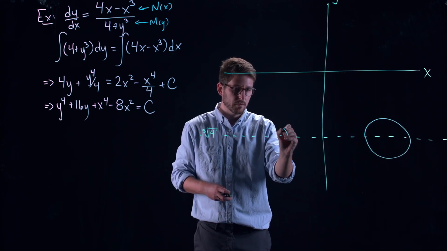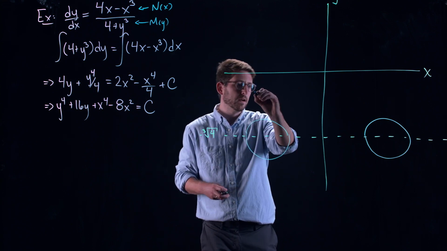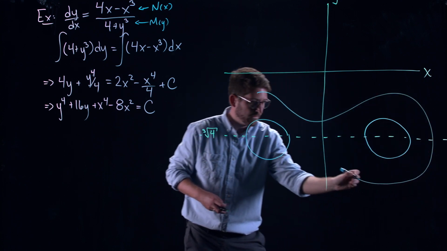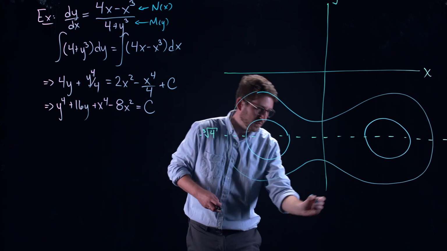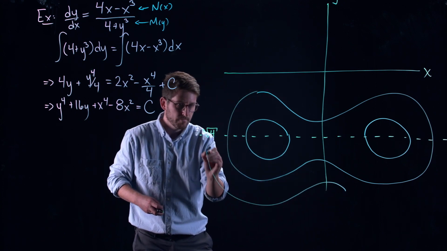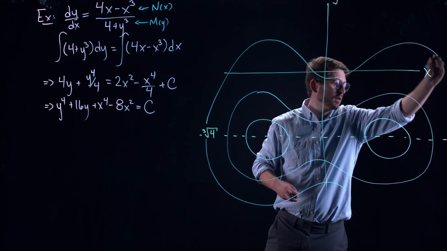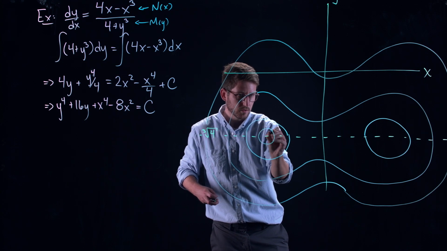So we have this, and then we've got this, and then might have something like this, and maybe a smaller one inside here.